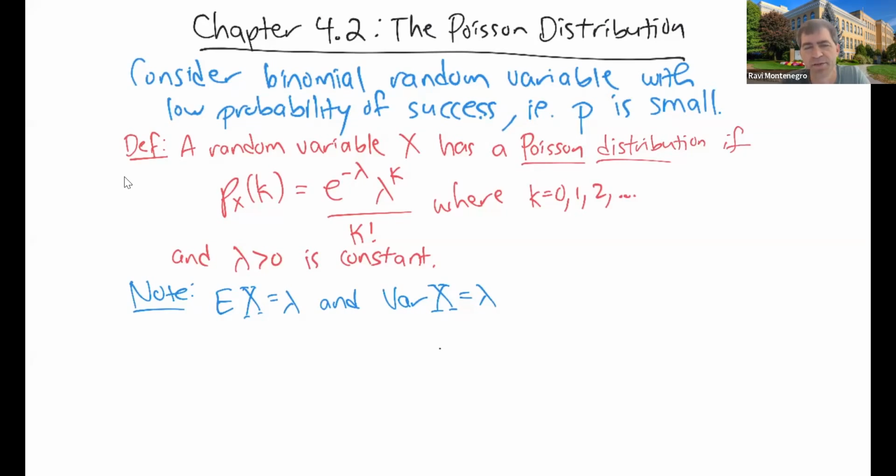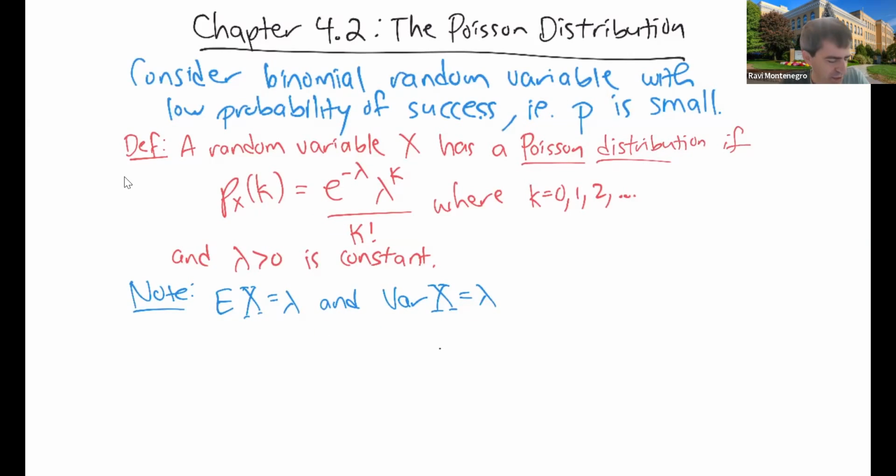At the moment, it doesn't seem like there's any reason to look at it, but we'll find out in a minute that the binomial follows this pattern. And the expectation can be calculated using the definition. You just take a summation with k times this, and not very pleasant. And the variance, a similar thing with k squared times this, and that's an even more unpleasant sum. But they can both be calculated, and you'll see that this note holds.